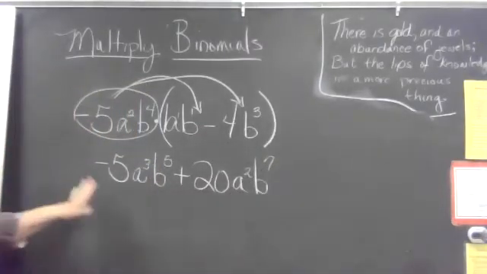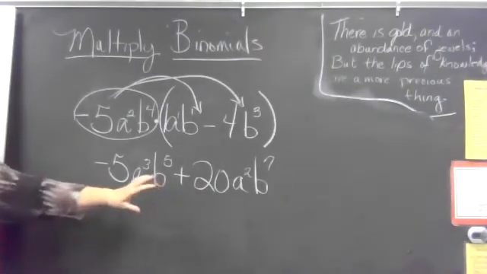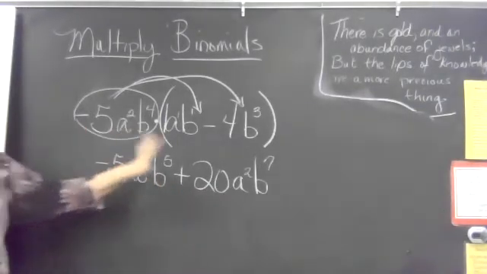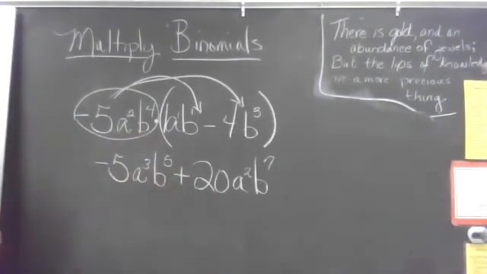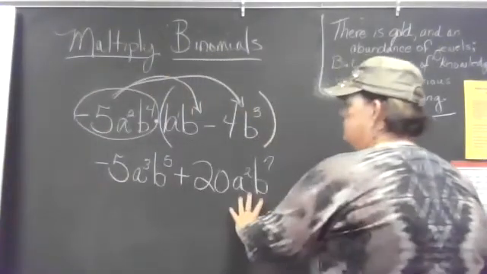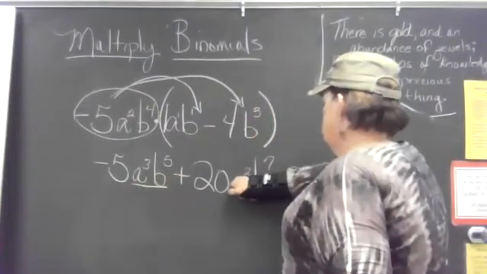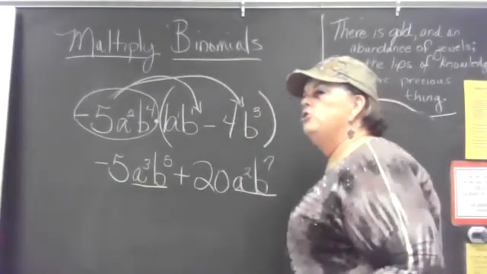Now, when I get my answer here, I need to look at it one more time and see it says to add, and I can add the -5 and the 20 only if these terms match. This is a term and this. Are they common terms?